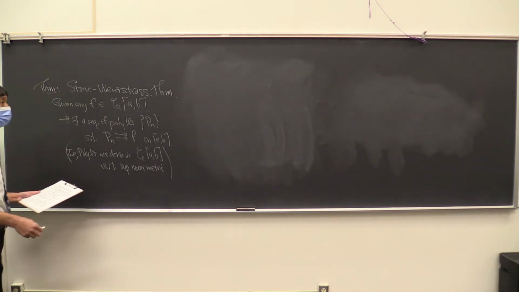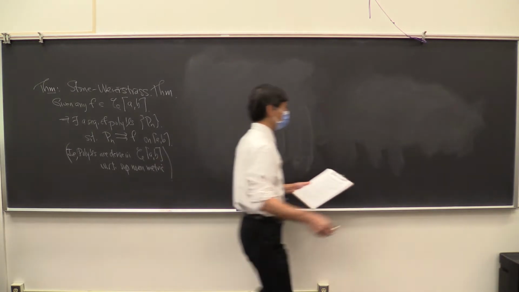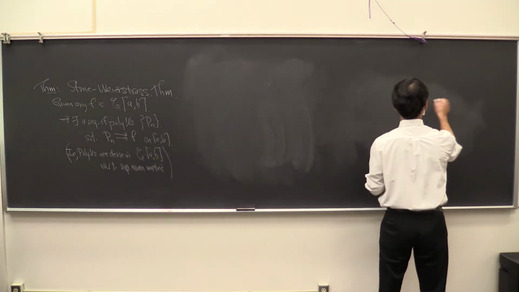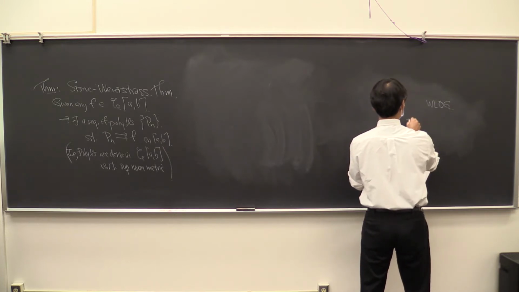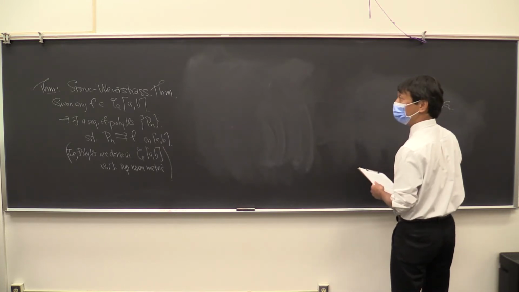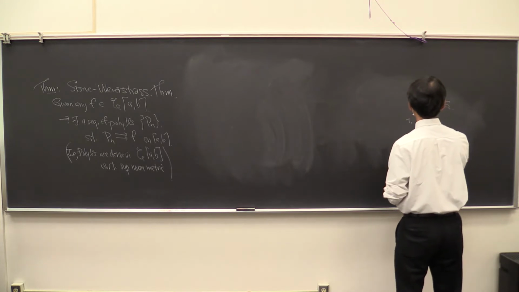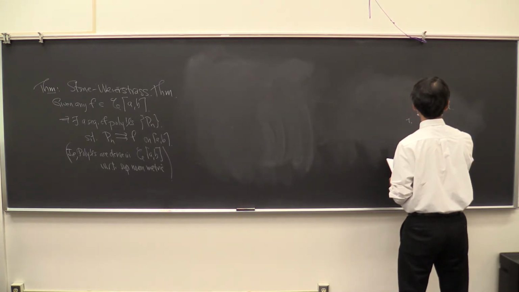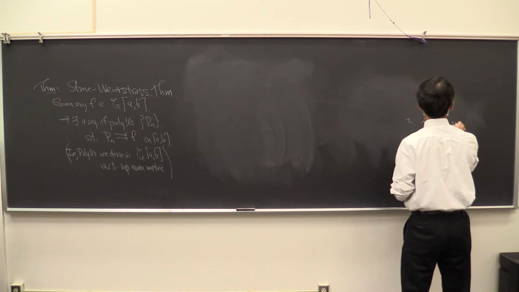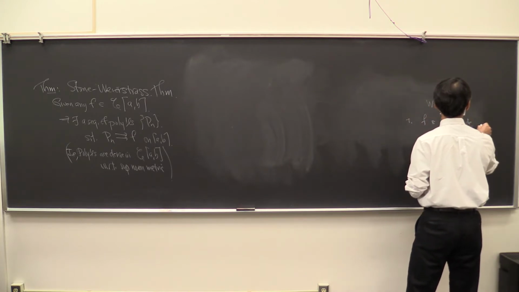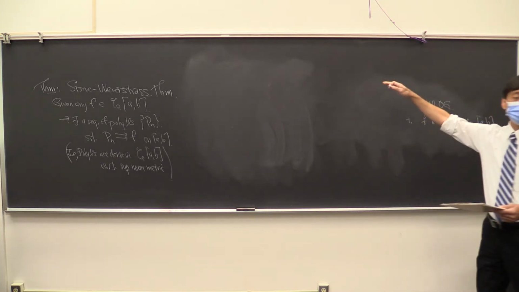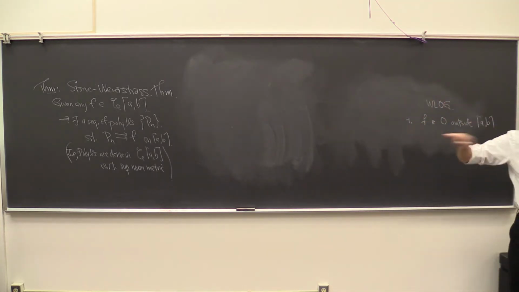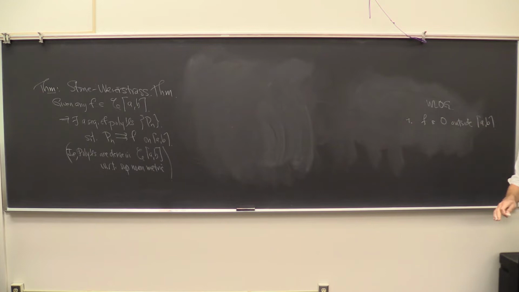So before we get started, I'm going to make some assumptions. Without loss of generality, we're going to assume that our function is defined to be 0 outside of the interval. So we have this function defined on [a, b], and we define it as 0 everywhere else.